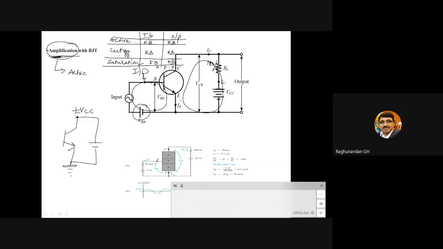So the input should be forward bias. This is positive, negative. The base is the P layer, so P is connected to positive, and this one is connected to the negative terminal because it becomes the common ground. Coming to the collector, it will be connected to the positive of plus VCC and the negative will be connected to the ground.